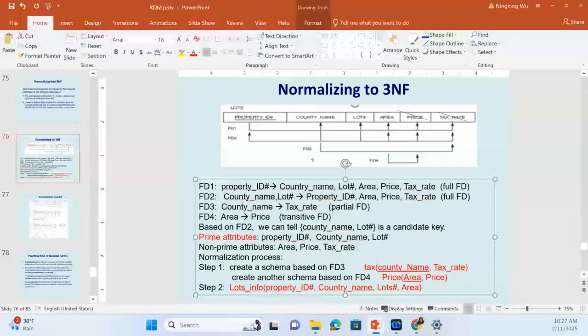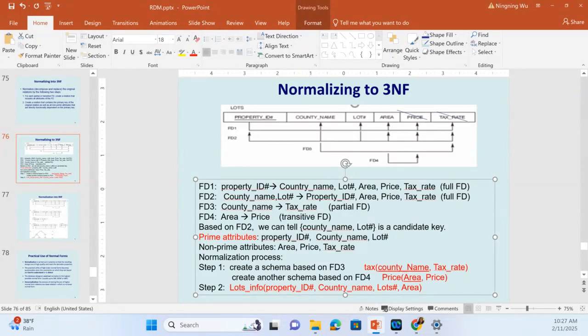In this case, we also found out that county name and lot number together is a key, because these two attributes determine all remaining attributes of the relation schema. Then we use the ideas of partial and transitive functional dependency to evaluate if there is any.